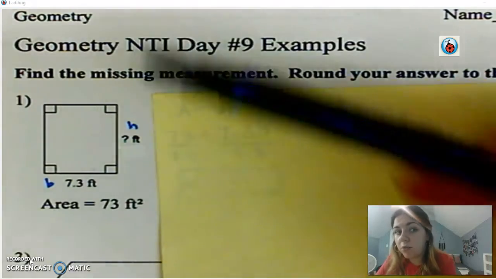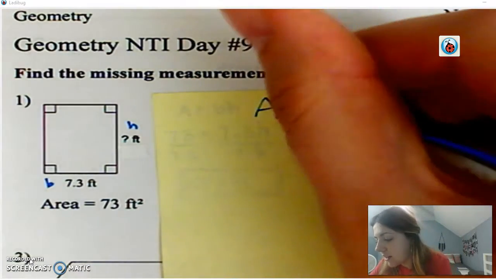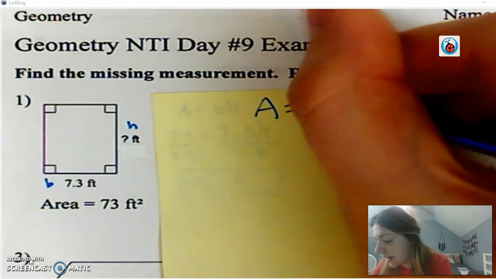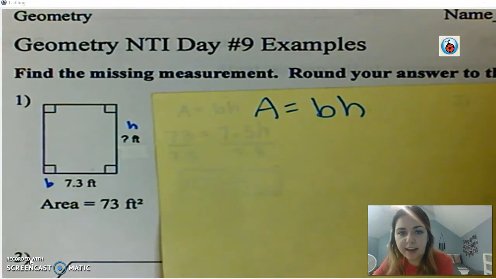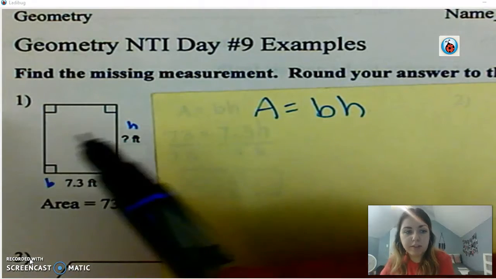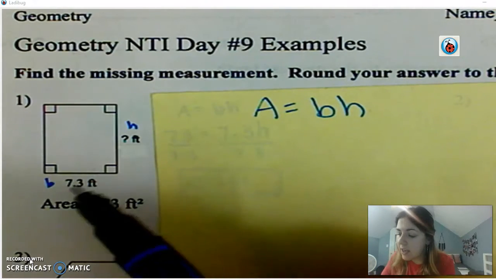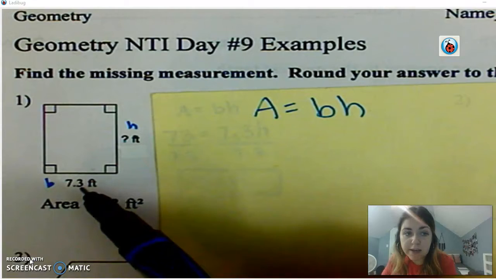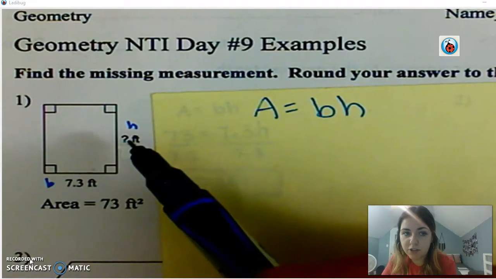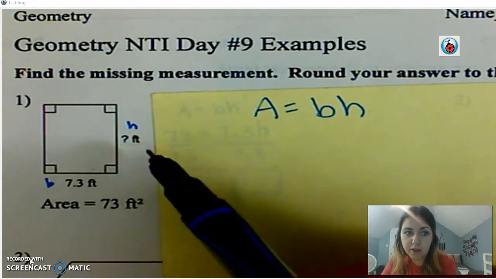So recall, with a rectangle, the area formula is base times height, or BH. Then I like to label my parts. It told me what area was. I'm going to label this as my B and that as the H, and as you can see, the height, that H, is what I'm looking for.